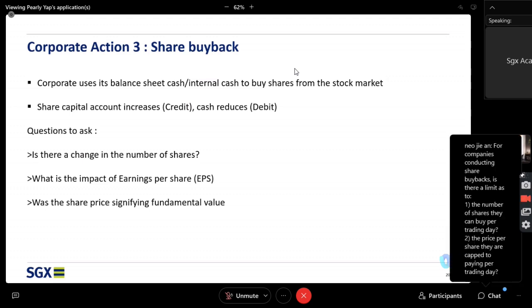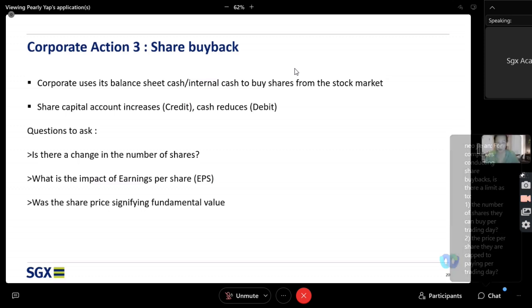So for example, a simple case would be, I have 100 million shares in total in the company. The corporate, sorry, not me, the corporate bought 10 million shares, right? And then they say, I will cancel the shares that I bought. So the total number of shares in the company is no more 100 million, it is 90 million.